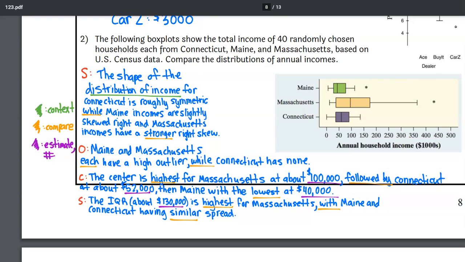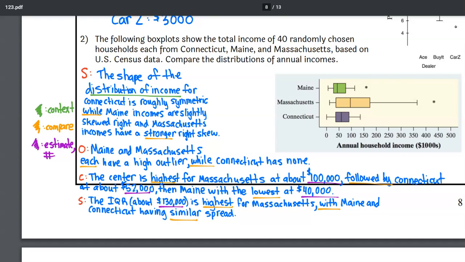This is Maine, and look at how this looks like it has a little bit longer tail on the right side. So it's slightly skewed versus Massachusetts. Massachusetts incomes have a stronger right skew. So this is a longer whisker. So that's why the wording here is stronger. Okay, so this paragraph here is for the comment on the shape.